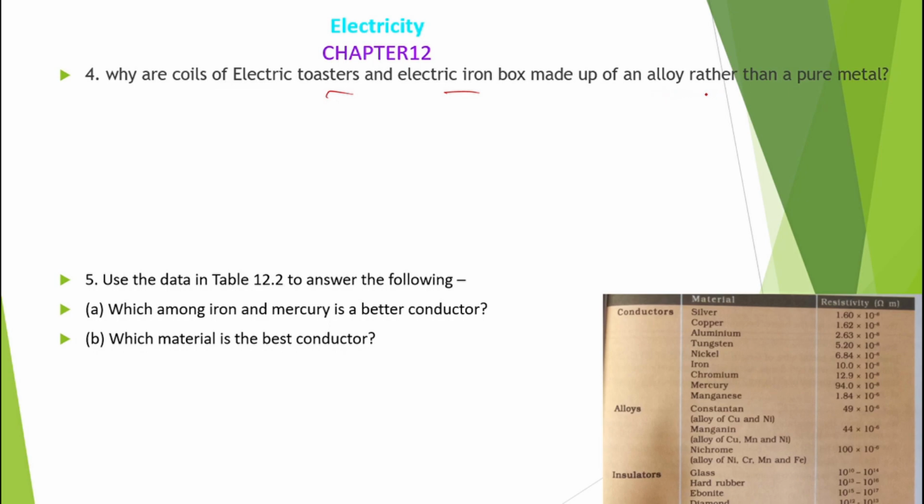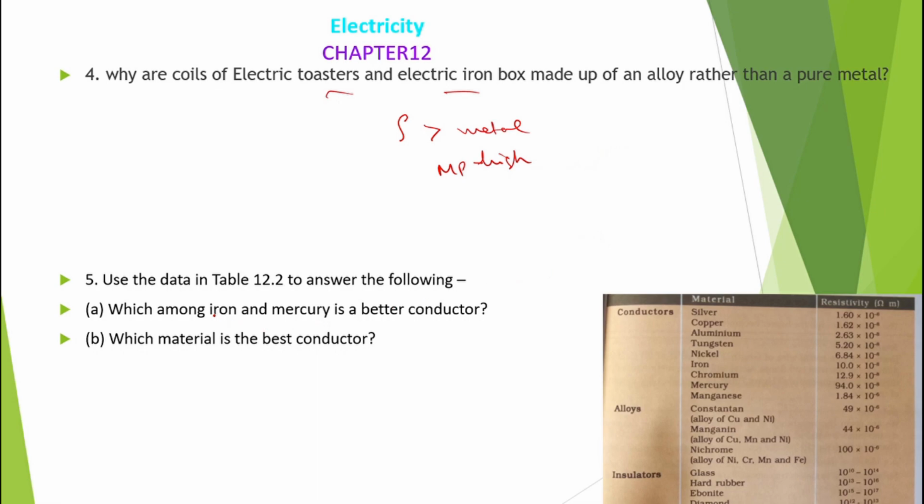The coils of electric toasters and electric iron bars are made of alloys rather than pure metal because the resistivity of an alloy is greater than that of a metal, it has a high melting point, and it does not easily oxidize.